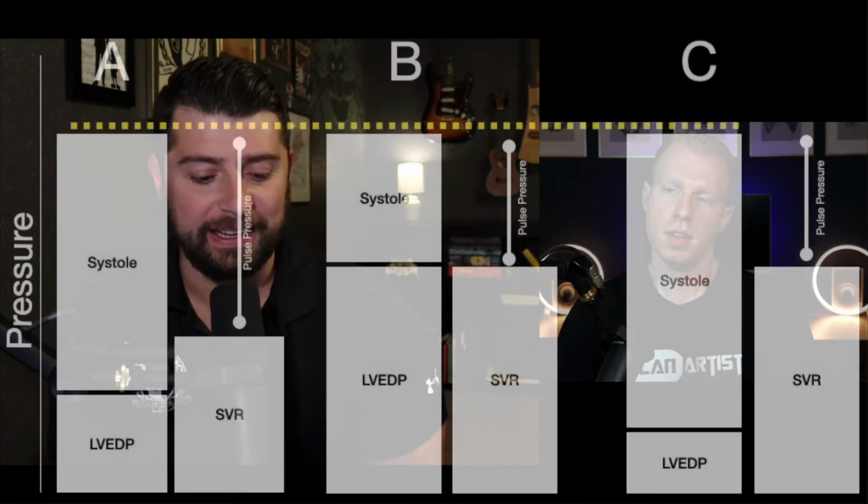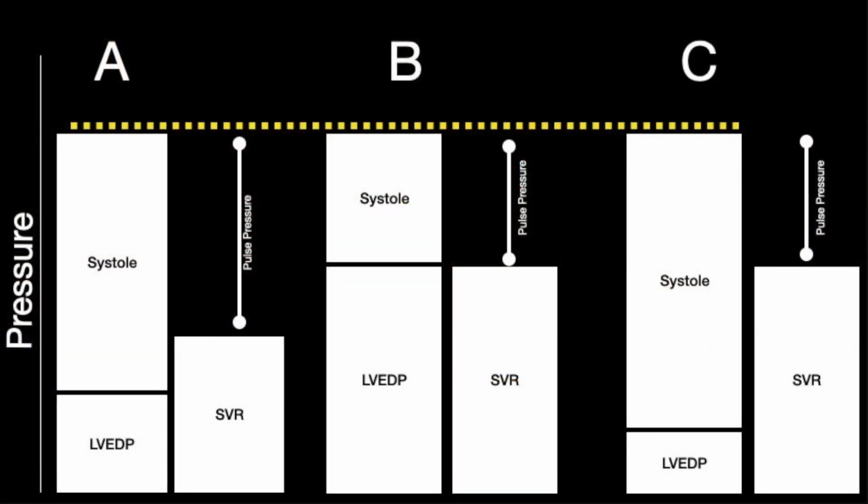And then, just for completeness, we should talk about A real quick. So A has, we'll say, a normal left ventricular end diastolic pressure. And maybe on this graph it's a little misleading because it's smaller than normal. But the thing is, you have a wider pulse pressure.